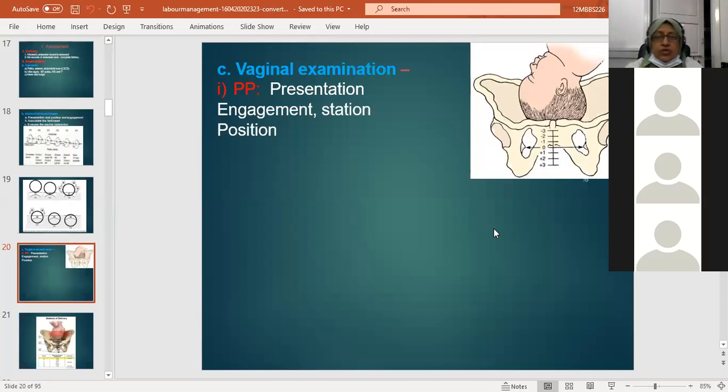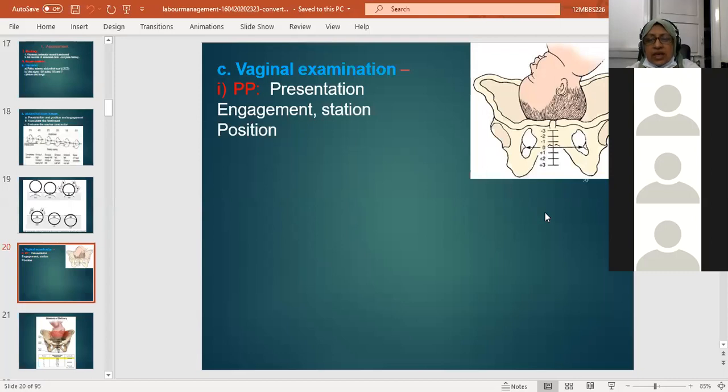I already told you about the position, that this is the occiput. Either the occiput is anterior or posterior, either right occipito-anterior or left occipito-anterior, or direct occipito-anterior. And at which station the head is.